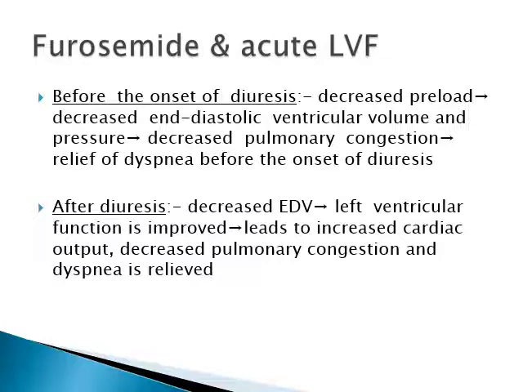It is said that cardiac size is also decreased due to these agents. That will again increase the efficiency of the heart. Okay, so based on these two mechanisms, we can explain how furosemide is effective in the treatment of acute left ventricular failure.